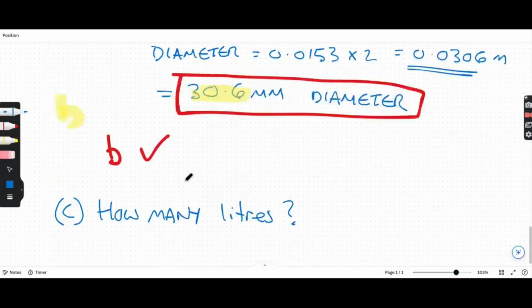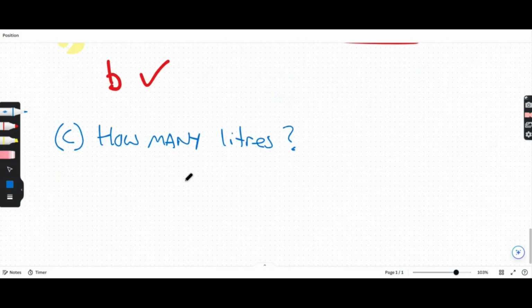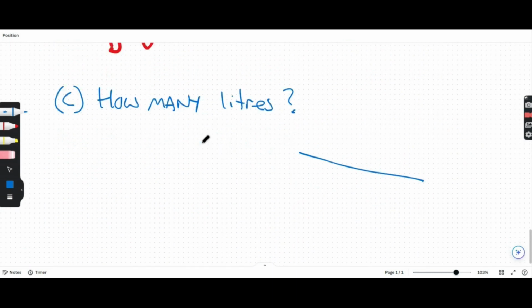Just like mass flow rate, the same amount of litres is passing through every second. So we can work out a thing called V dot, which you remember is volumetric flow rate.